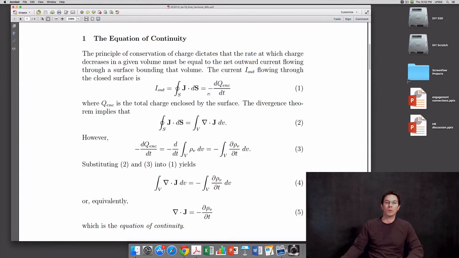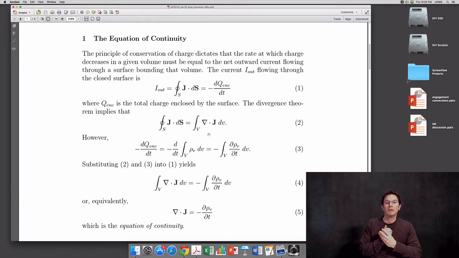So that's where the minus sign comes from. Well, we can apply the divergence theorem to this term, the flux of J. The divergence theorem simply says that the integral of J dot dS over a particular surface is equal to the divergence of J integrated throughout the volume bounded by that surface.